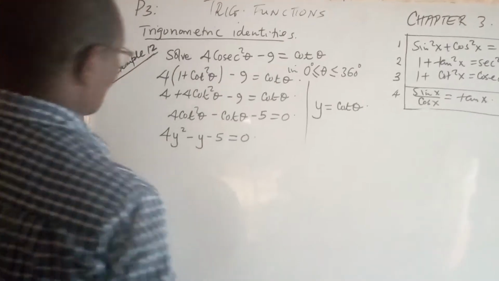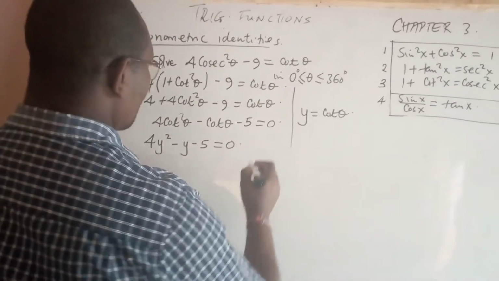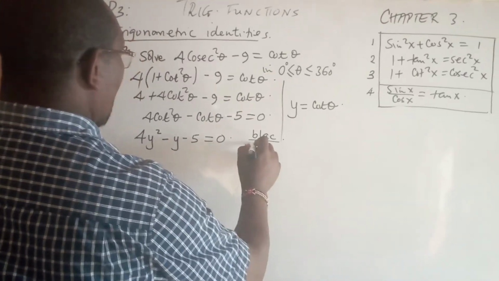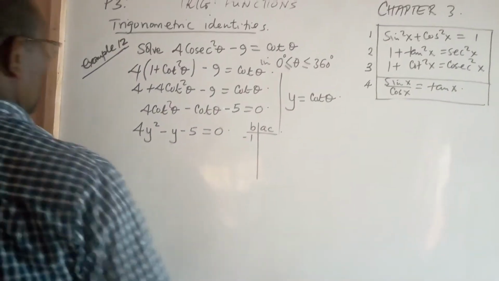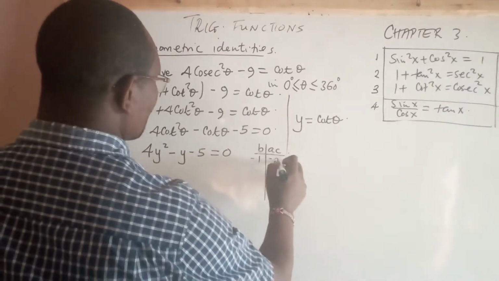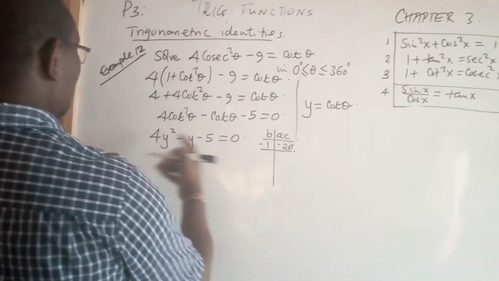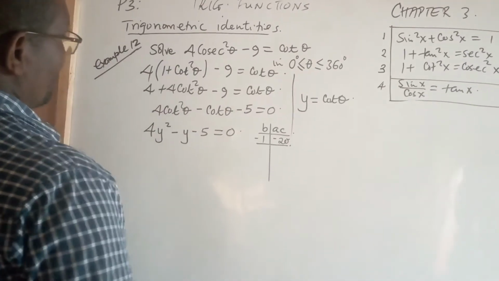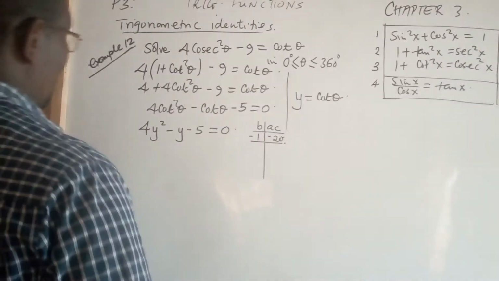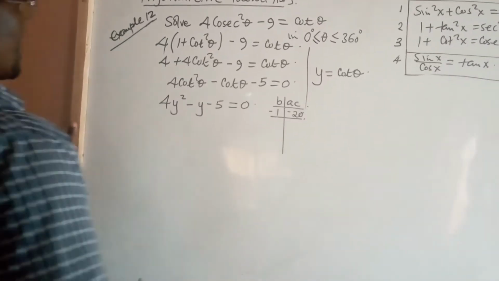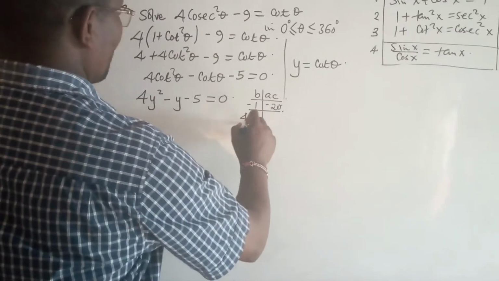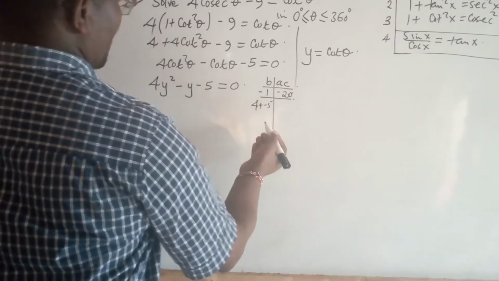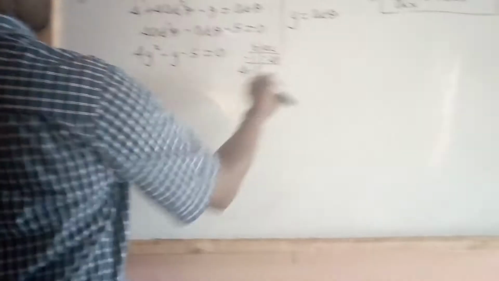And with this, you can now have the factorization method, the B and AC approach, where our B is -1 and our AC is minus 20, because you can see 4 times minus 5. So two numbers which we multiply, they give us a minus 20, and we add, they give us a minus 1, is basically a 4 plus a minus 5, and vice versa. And a 4 times minus 5.